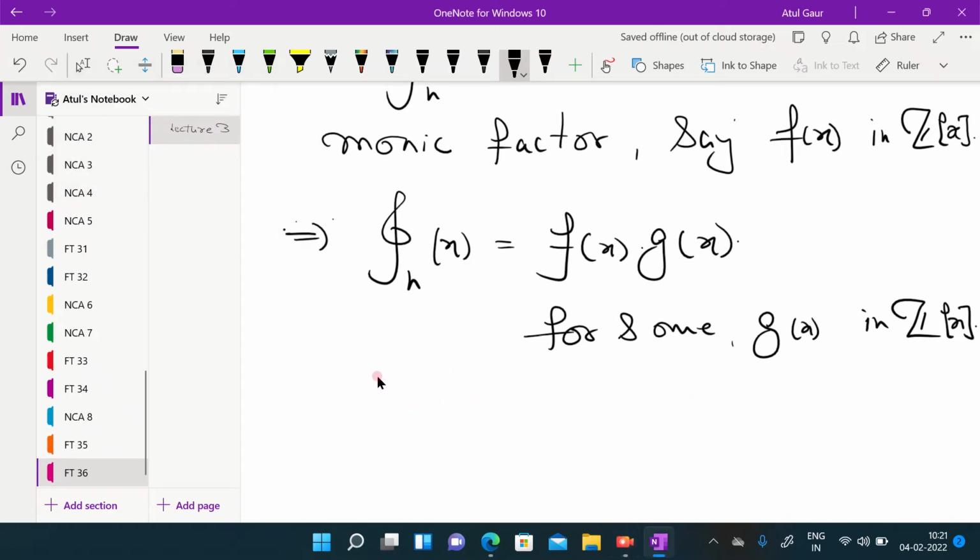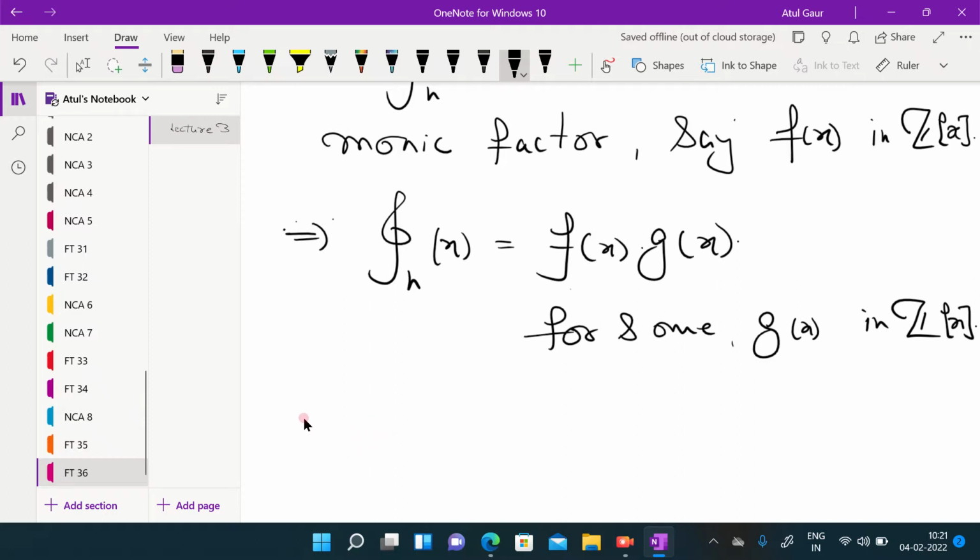That means the roots of f(x) will also be primitive nth roots of unity. Some of the primitive nth roots of unity will be the roots of f(x).